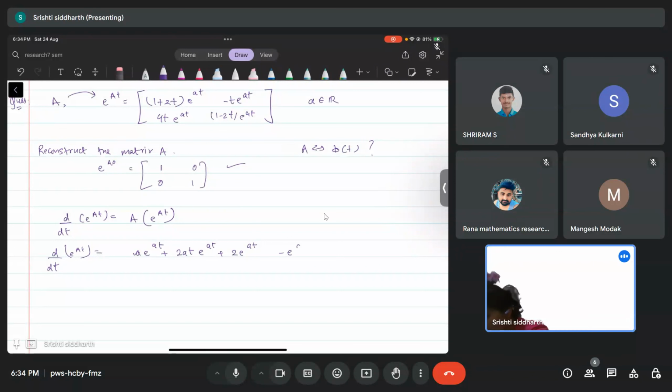So minus e to the power At minus At e to the power At. Then we have 4 e to the power At plus 4At e to the power At, is this, and minus 2 to the power At minus 2At to the power At.